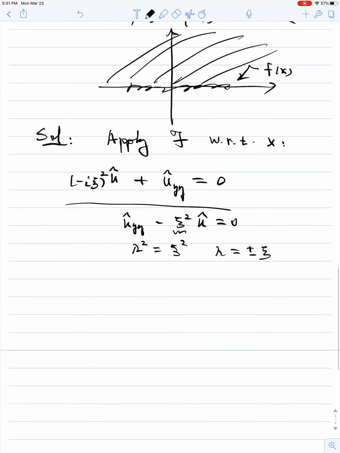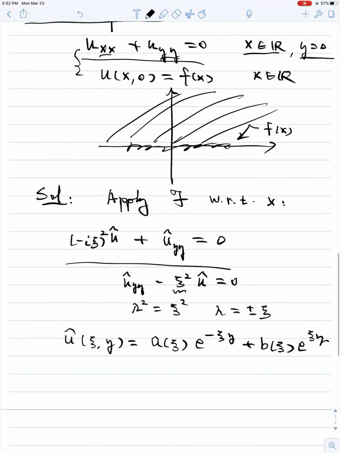So the solution u hat(ξ, y) is some constant, let me call it A(ξ), times e to the negative |ξ| y, plus B(ξ) e to the positive |ξ| y.